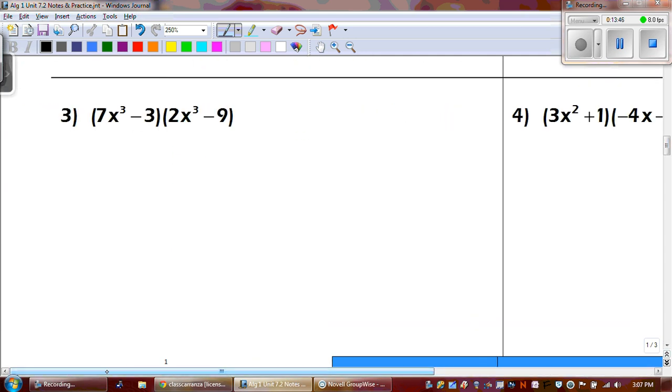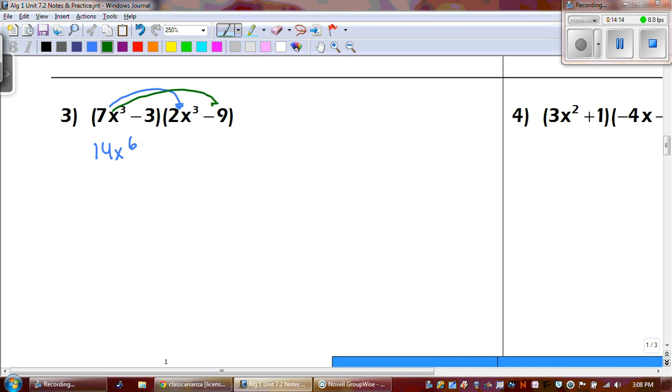Okay. Number 3. So we're doing the distribution, and that is because in between here, we're multiplying. So 7 times 2 is 14, and then x cubed and x cubed, x to the 6th.